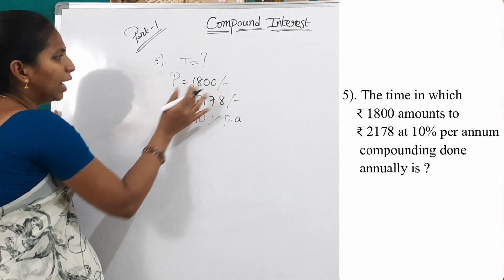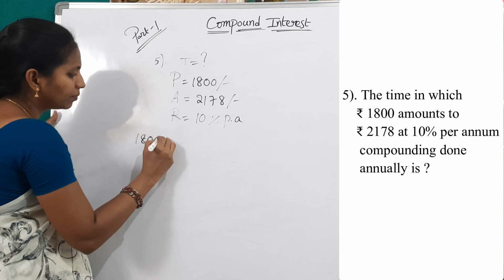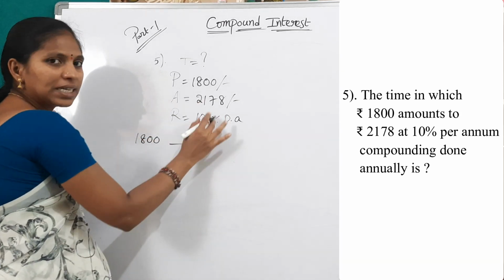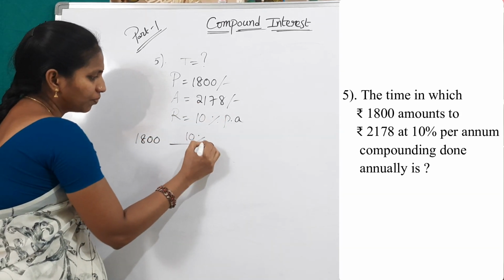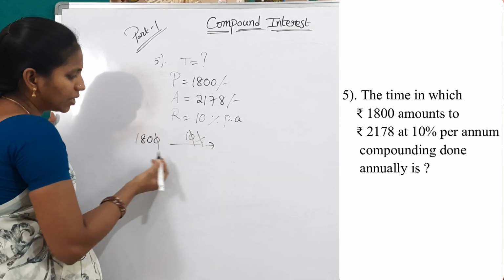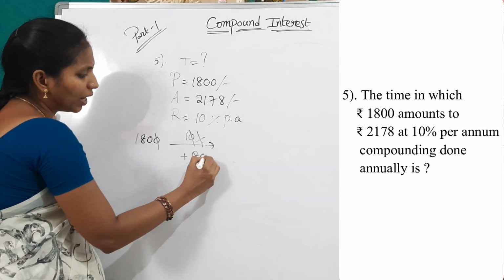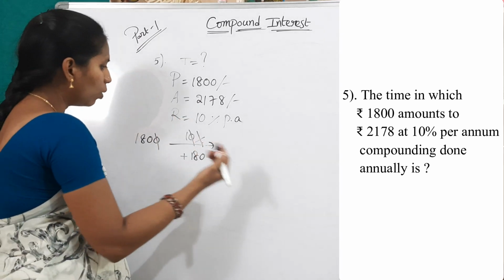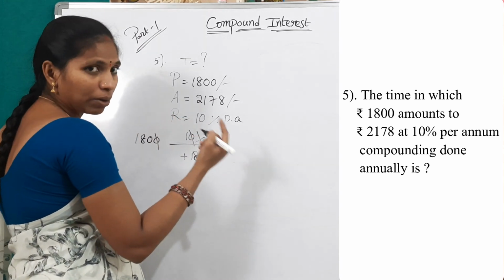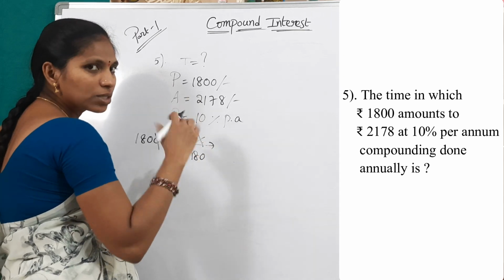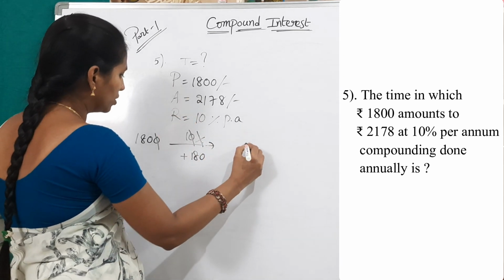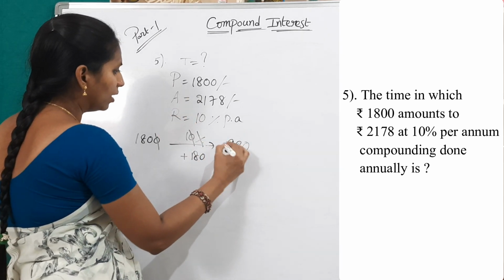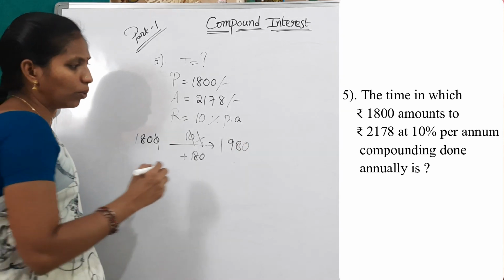See here, 1800 is the principal. Percentage is 10%. Calculate 10%. Then what is the result? 180. Add this 180 to this 1800. Now what is the new value? Means amount after 1 year, or principal for the second year. 1980.